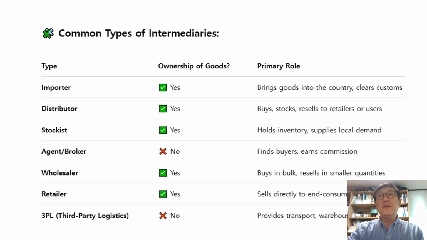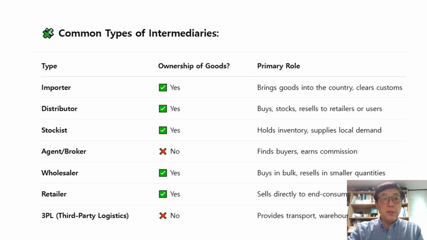They provide transport, warehousing, and delivery. So if you expect your partner's roles to be mainly in these logistic activities, then you can use 3PL. In general, ownership of goods is a very important point.